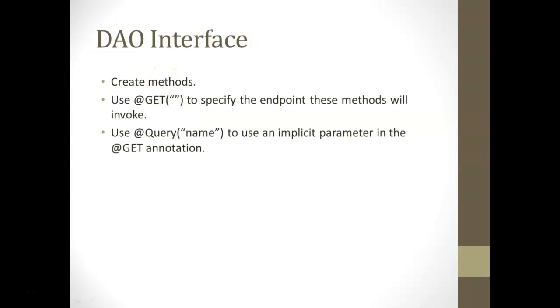One other annotation that we can use is the @query annotation, and this allows us to take parameters from a method and use it as filter criteria for the endpoint that we're calling. Some endpoints, but not all, will offer certain filter terms to reduce the data set that they return, and we can use the @query annotation within our method signature to say, okay, this is a parameter that I want to pass on to my endpoint.